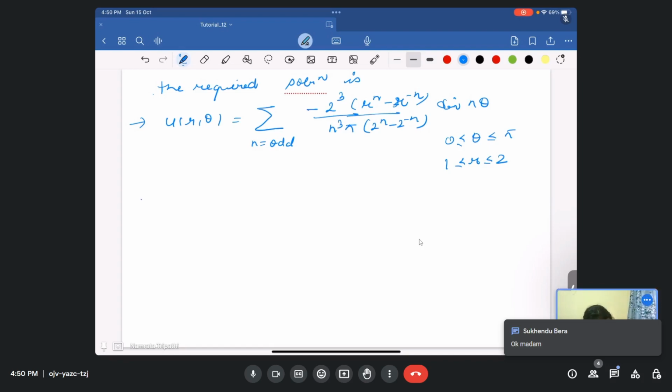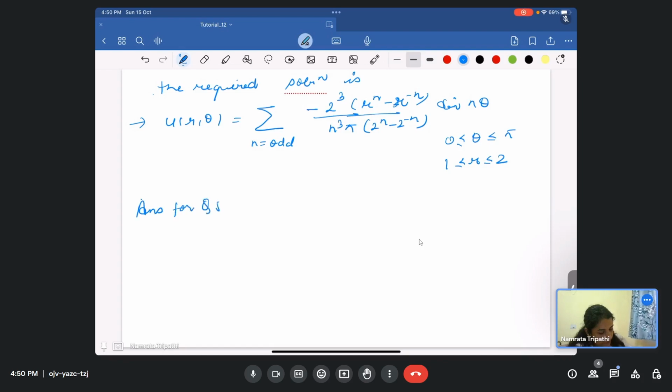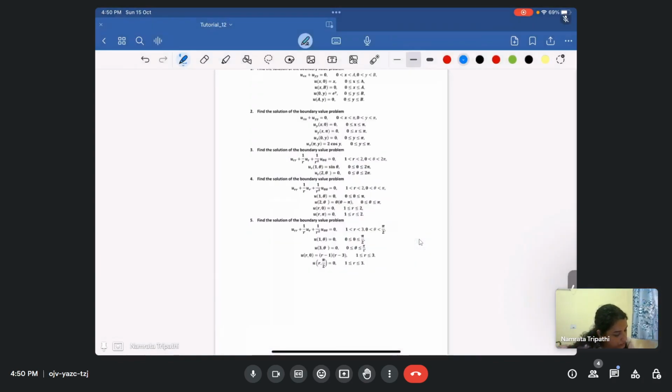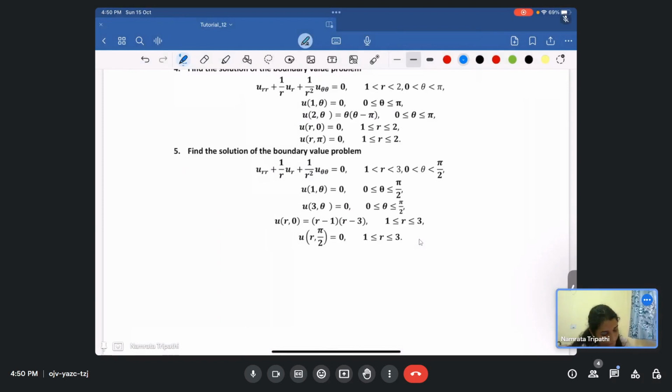So I'm writing the answer for question number 5. Okay, let me tell you the question. It is again the Laplace equation in polar form where r is given from 1 to 3 and θ is in the sector 0 to π by 2, and these are the boundary conditions we have provided. So again we will apply the variable separable method.